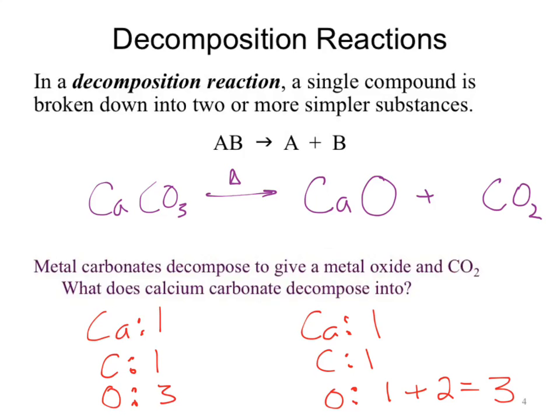The one thing I did just remember about it: where did we get our metal carbonate from? What was one of the products of the last reaction we did? It was sodium carbonate, also known as a metal carbonate.